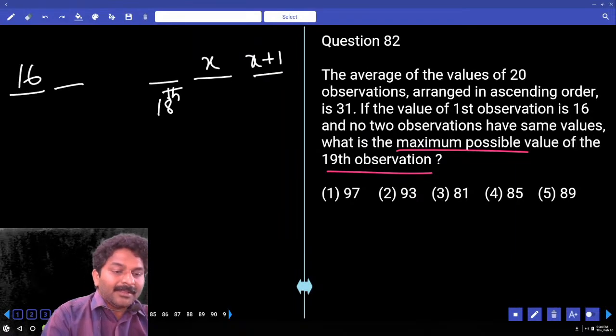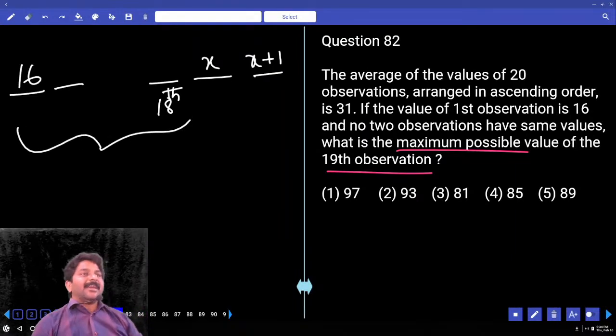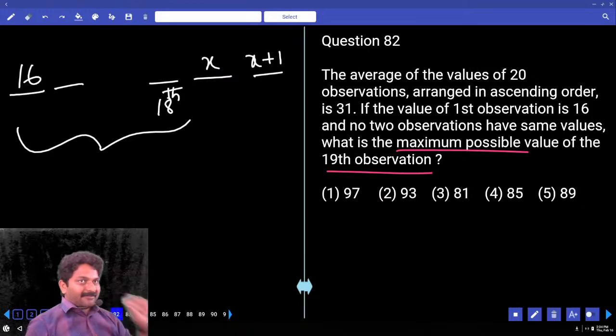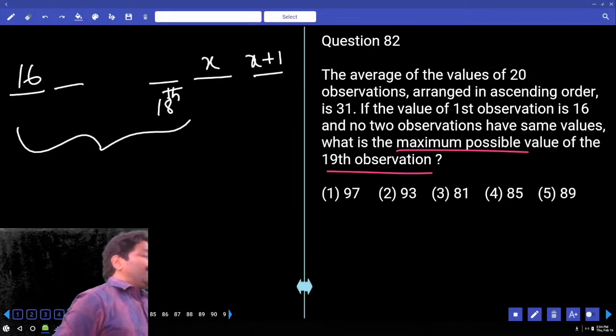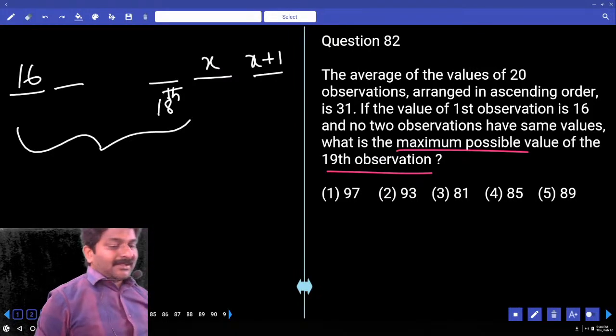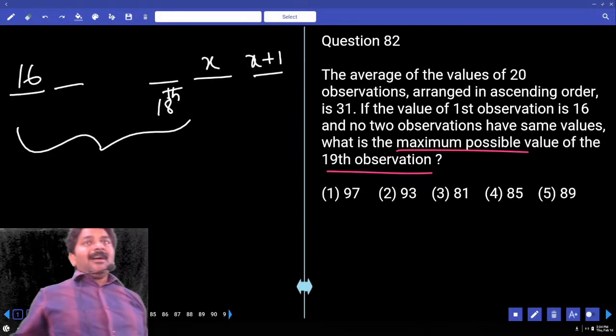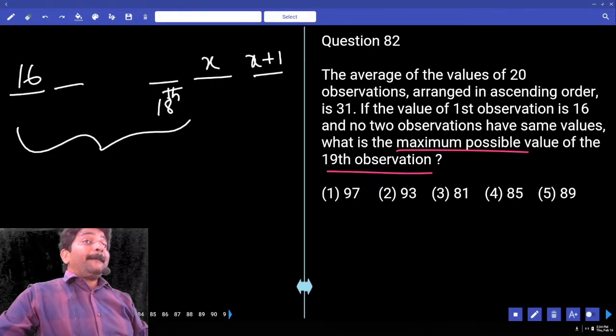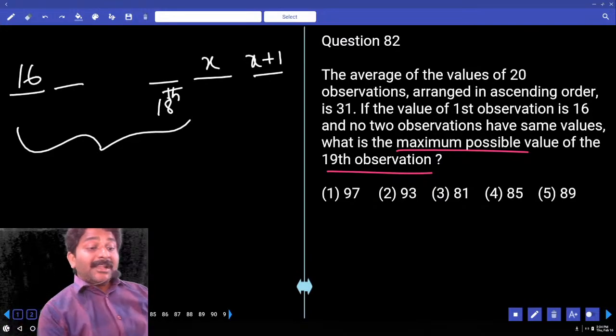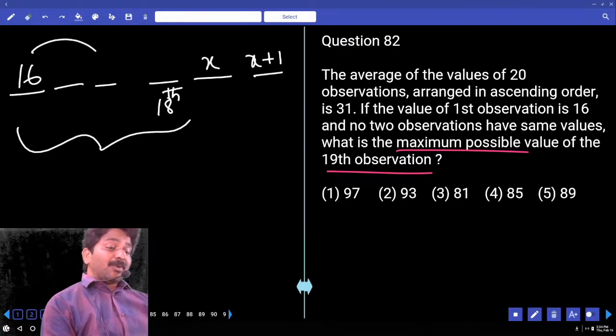Correct? Now first we need to have a complete idea about the first 18 numbers. To get the second number, how much more are we adding? To get the third number, how much more do we need to add?